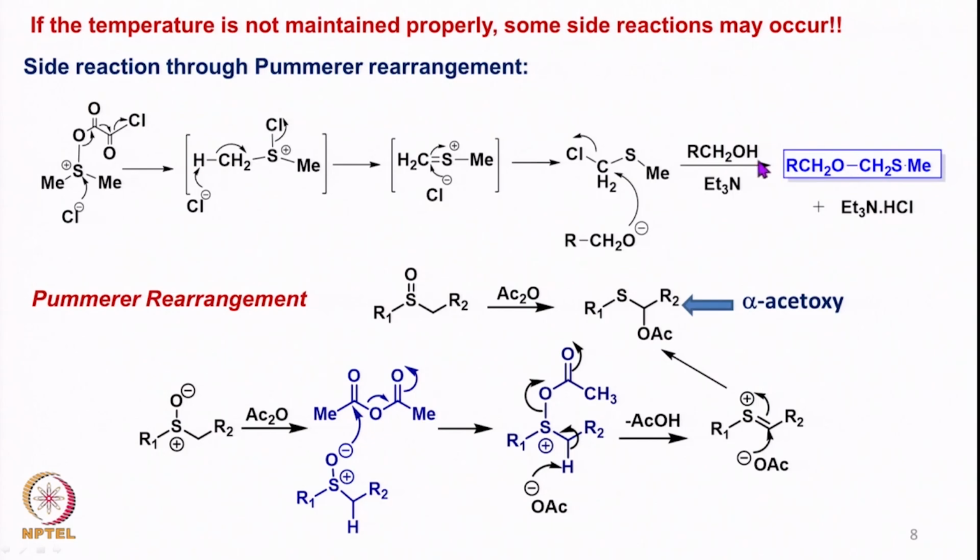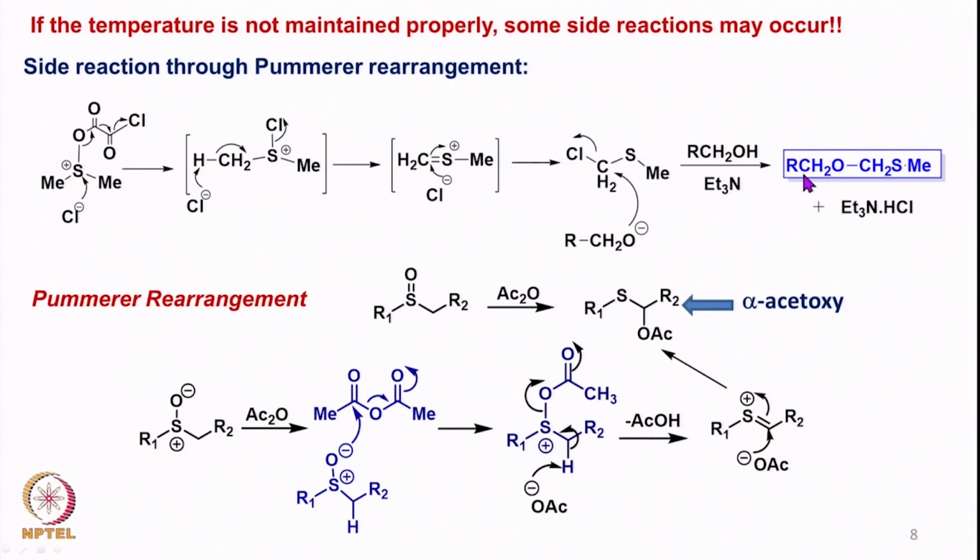This can also form directly from this species here. So, instead of chloride attacking onto this carbon, the alcohol anion can directly attack onto this carbon to form this sulfur intermediate.